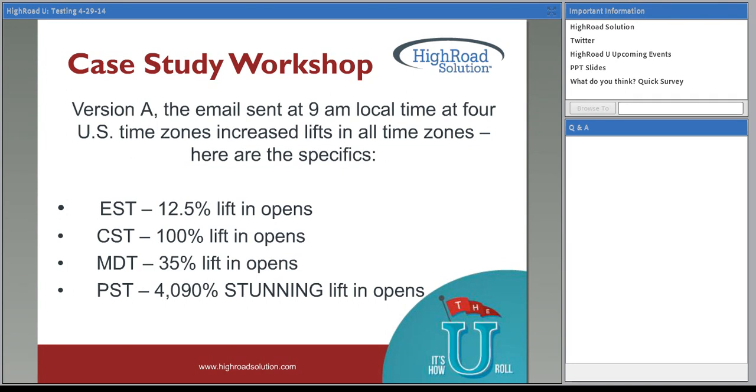Now, if you're not taking advantage of any of the time zone features, at least in your campaign email account, time zone features really are dependent on you having the time zone value or time zone ID for each subscriber in your database that you may not have right now, right?